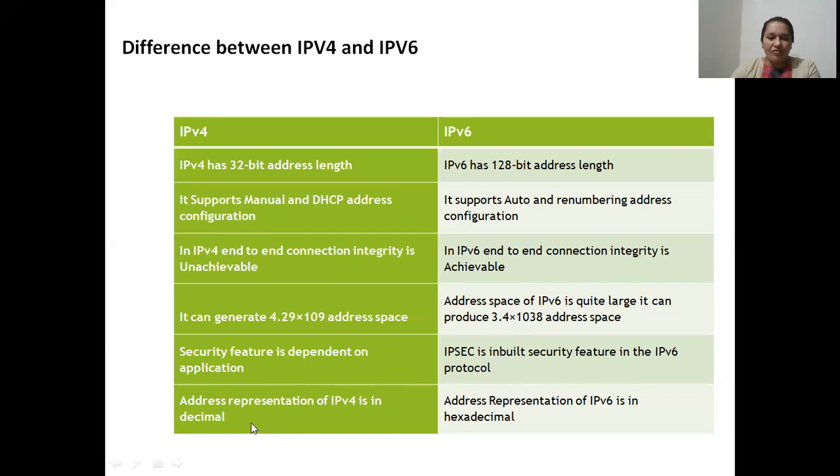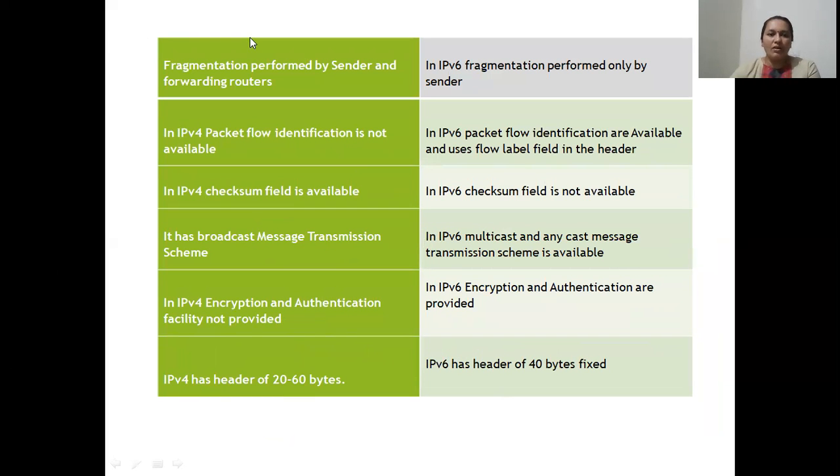In IPv4, the address representation is in decimal number system, whereas in IPv6, it is in hexadecimal. In IPv4, the fragmentation is performed by the sender and also the forwarding routers, whereas in IPv6, fragmentation of the message into packets is done only by the sender.